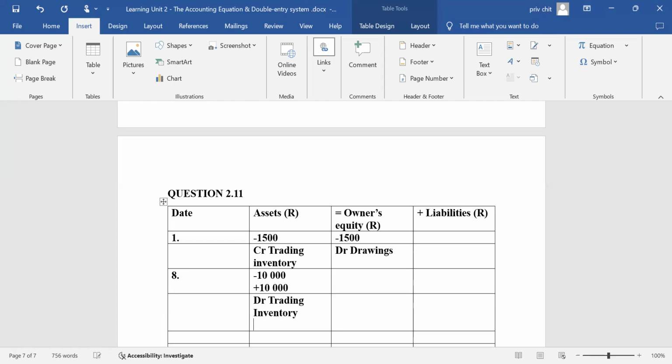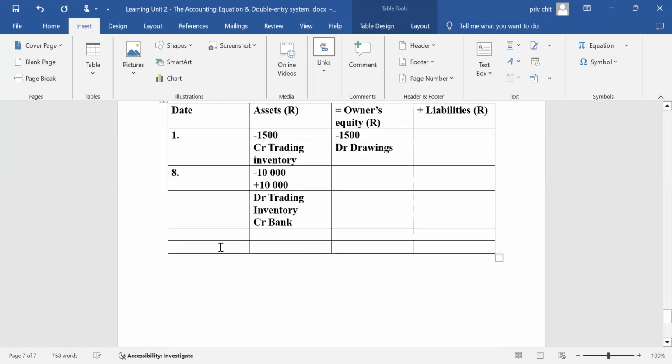Our inventory is increasing. That's why we are debiting. And then what are we going to credit? We're going to credit bank. Why? Because we paid for it in cash. Does it make sense? Yes. So this transaction will only affect assets. Are we together? Yes. Let's go to the transaction on the 10th.